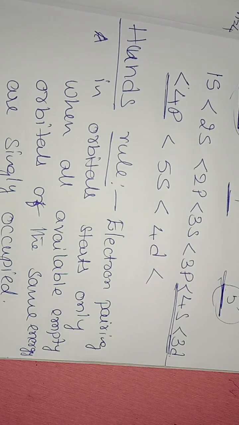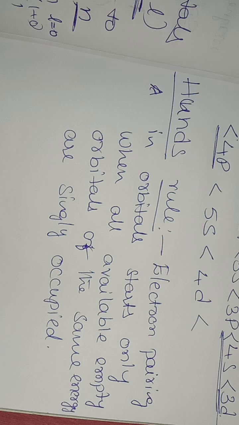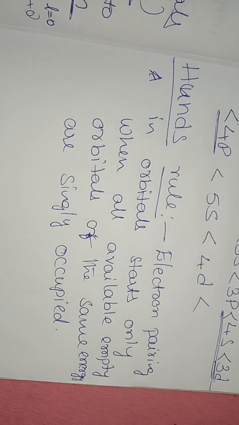Right? So electron pairing in orbitals starts only when all available empty orbitals of the same energy are singly occupied.